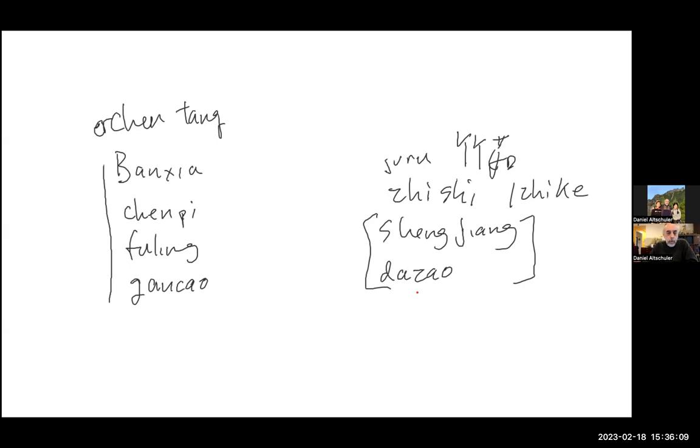So the formula is called Warm the Gallbladder, and there's actually quite a bit of discussion about why it is in fact called Warm the Gallbladder when some of the key herbs like Zhuru are not warm at all. And there's hundreds and hundreds of years of discussion about this.